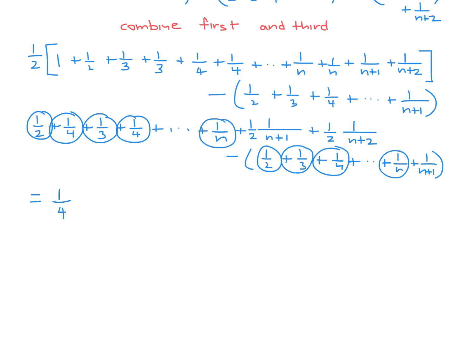And then therefore, all you're left with is going to be this and this, which would be a half minus 1, so negative a half. So negative a half times 1 over n plus 1.